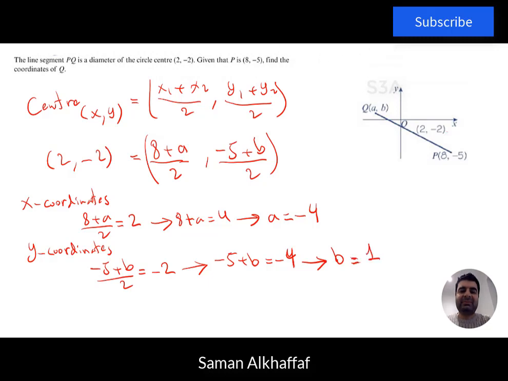So the coordinates for Q will be (-4, 1).